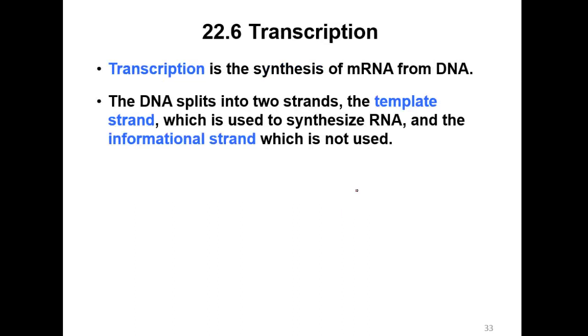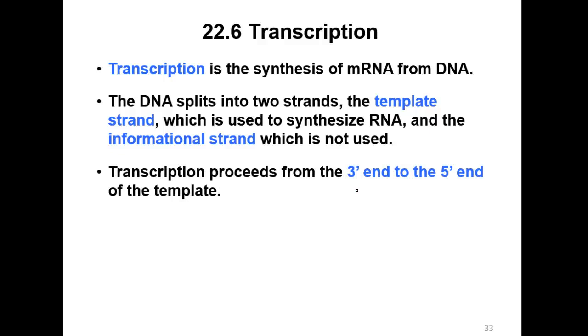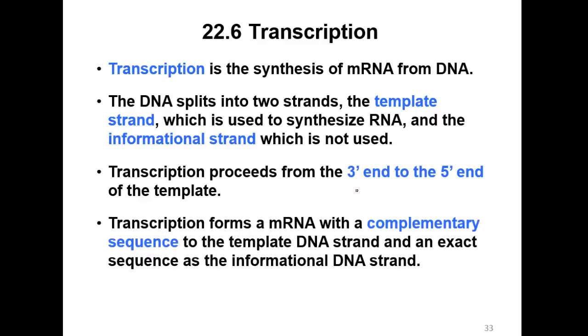The DNA splits into 2 strands: the template strand, which is used in the synthesis of RNA, and the informational strand, which is not used. Transcription proceeds from the 3 end to the 5 end. Transcription forms the mRNA with a complementary sequence to the DNA strand and an exact sequence as the informational DNA strand.